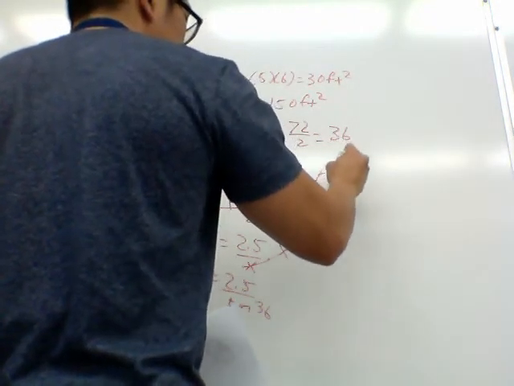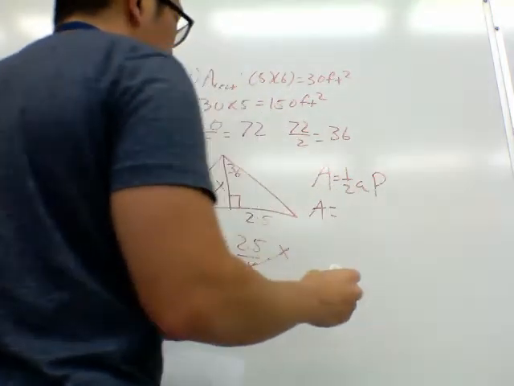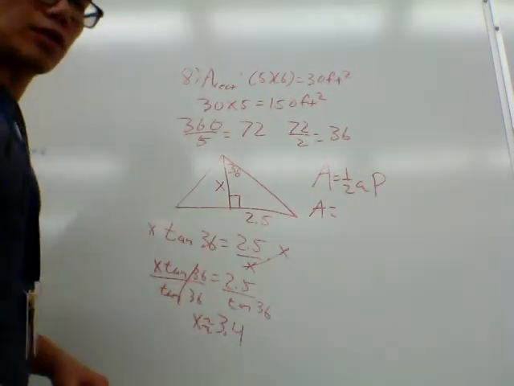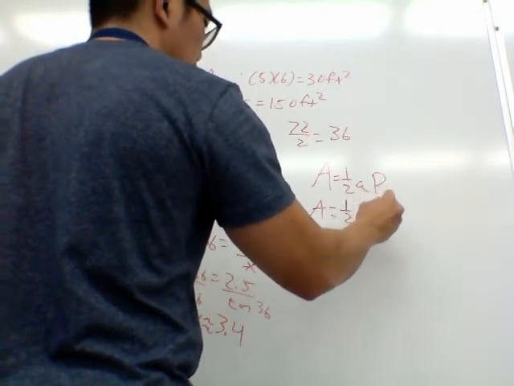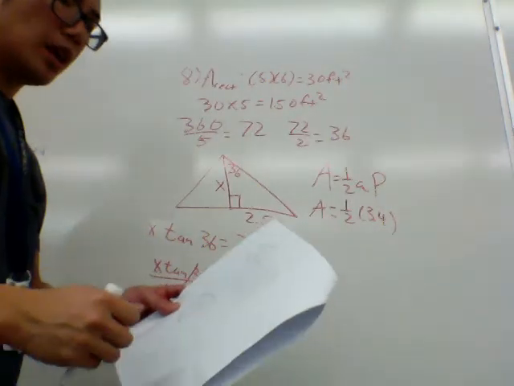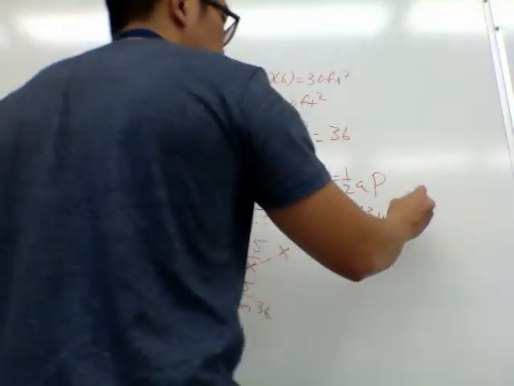Its area is equal to 1/2 AP. So the apothem is x, and that's 3.4. And the perimeter, if one side is 5 and there are 5 sides, it's 5 times 5, so it's 25.